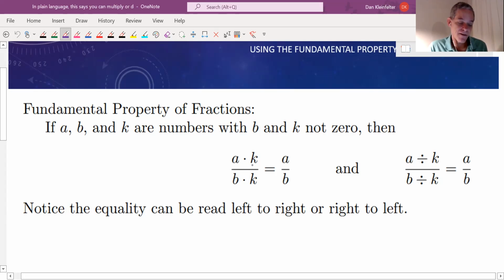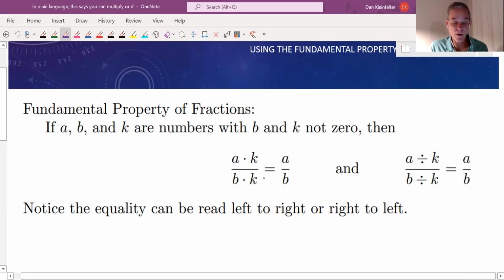On the left, we have A times K divided by B times K, or in other words, a fraction with AK in the numerator and BK in the denominator. That is equivalent to the fraction A over B. The second part says, if you have a fraction with A divided by K in the numerator and B divided by K in the denominator, that is also equivalent to the fraction A over B. The equality in each case can be read left to right or right to left.